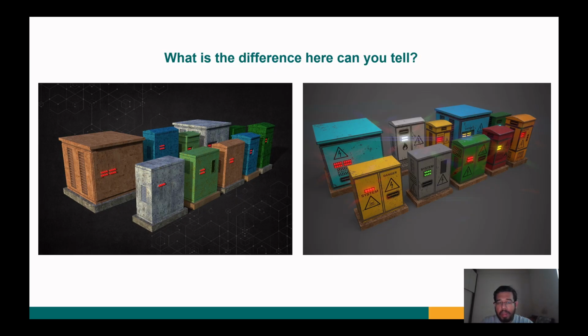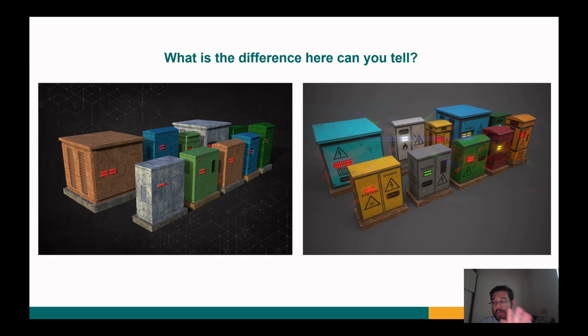Okay, so the first one is only using the albedo color as one rough texture. No other maps are used, just one color texture. You just put it on with basic UV, and that's done. Okay, the first image.